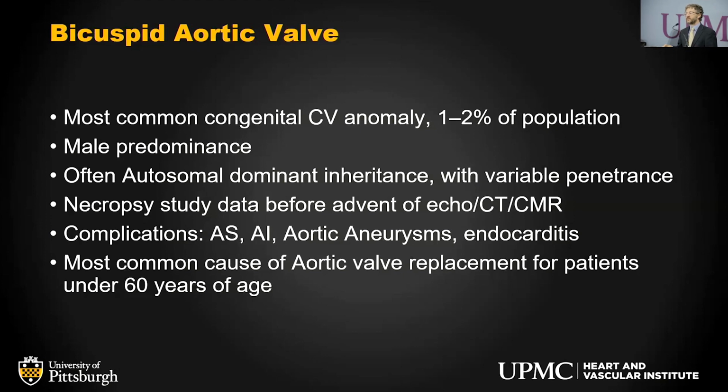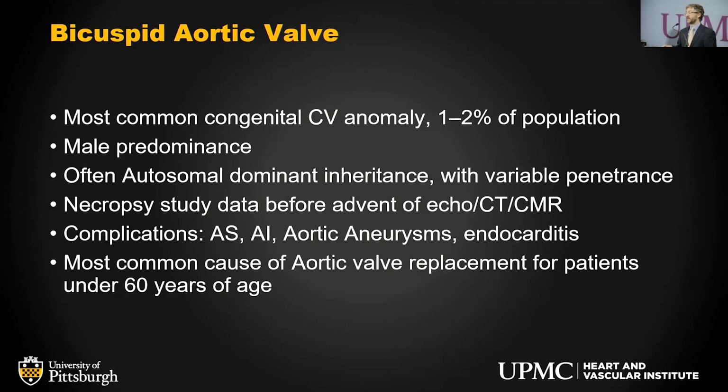I think much of what we know about the bicuspid aortic valve really came from autopsy studies, and now obviously we have imaging modalities that allow us to learn about the valve before death, which is what we're preventing. We've learned a lot about the complications, and I think we know these commonly: aortic stenosis, aortic insufficiency, aortic aneurysms, and complications of aneurysms like dissections.